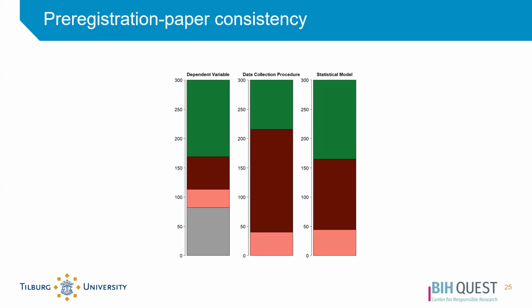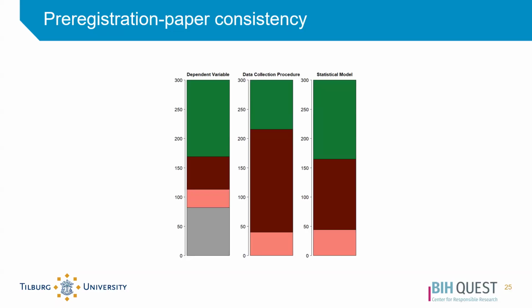And the salmon color means that it was not possible for us to check this at all. So maybe there was not enough information in the pre-registration or not enough information in the paper, but at least we were not able to compare these things because there was not enough information there. Again, gray means that it was not applicable. And here we see a lot more red, which is bad because that means there is an inconsistency.